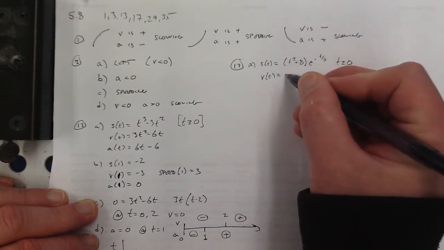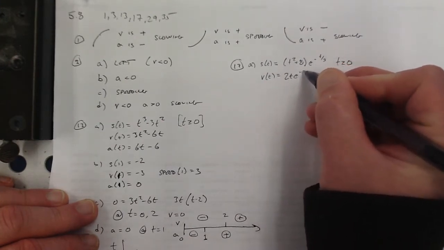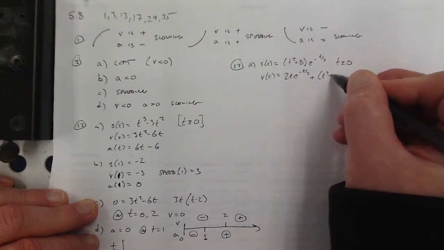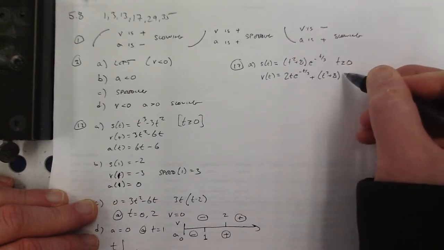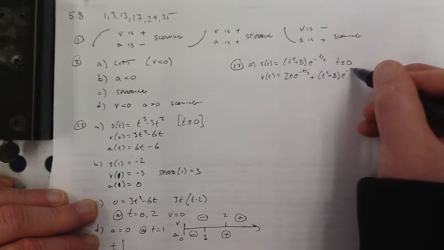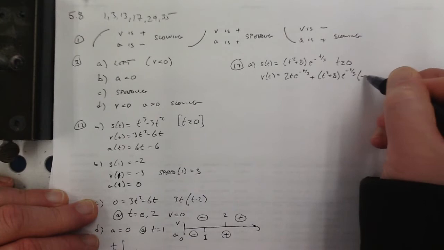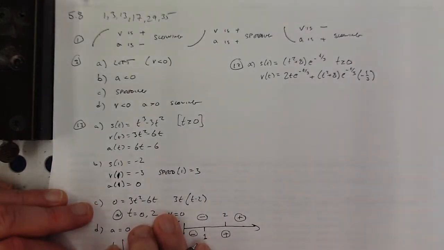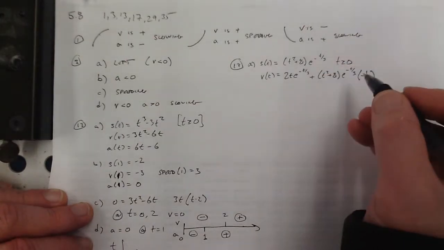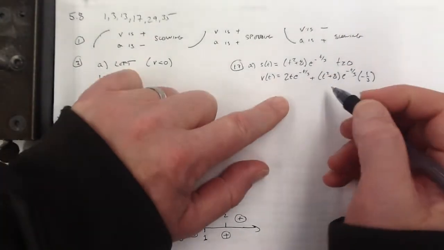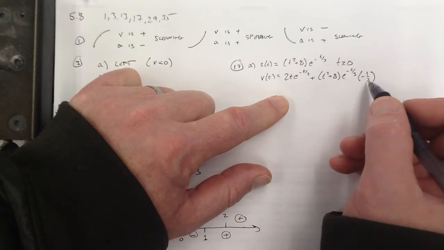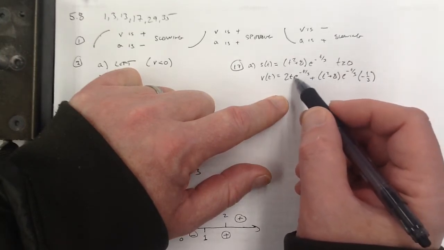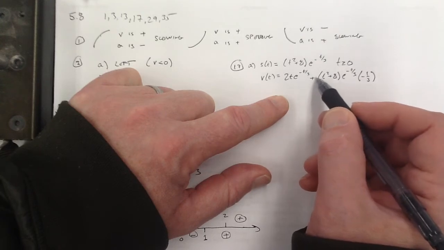So derivative of the first times the second plus the first times the derivative of the second, right? Better simplify that some. So what do we have in common that I can factor out? Looks like the only thing I can factor out is the e to the negative t over 3.